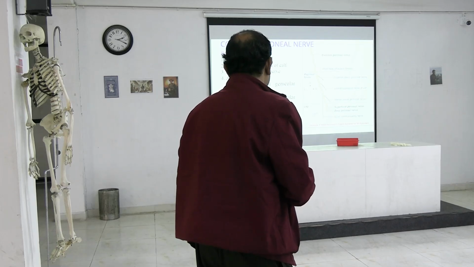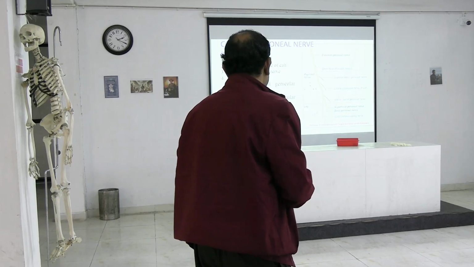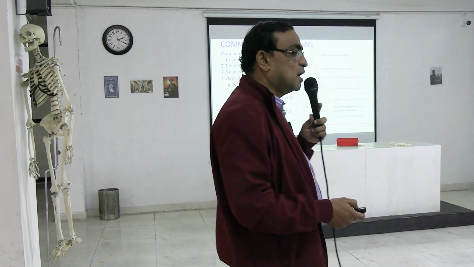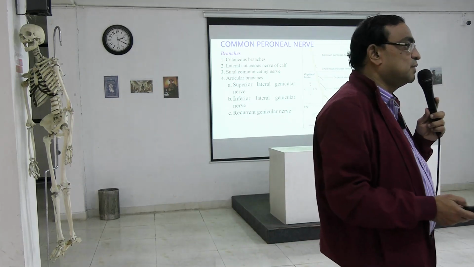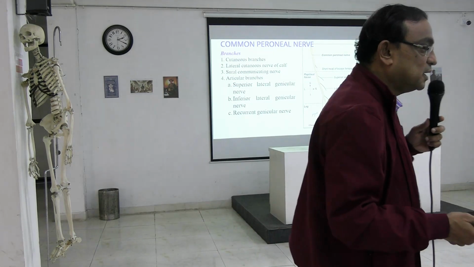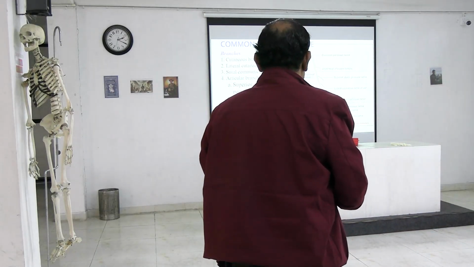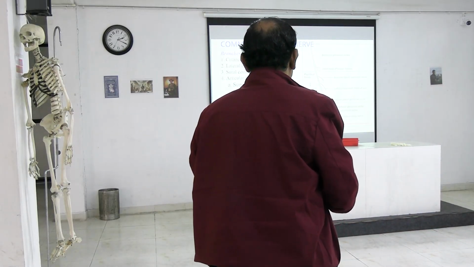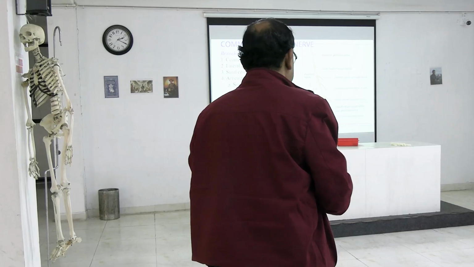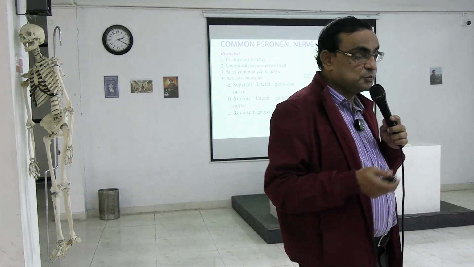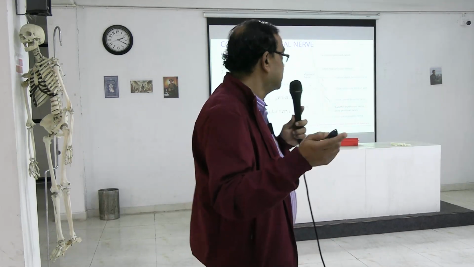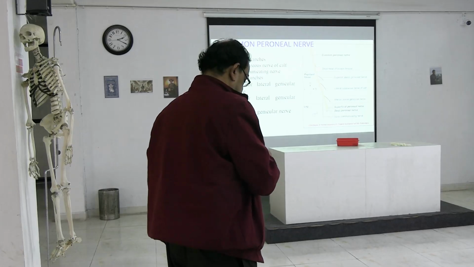And we can see upper lateral genicular, lower lateral genicular, lateral cutaneous nerve of the calf. You can see in the cadaver also that is a lateral cutaneous nerve. But unfortunately, we are not getting the sural communicating nerve which communicates with the sural nerve in this cadaver.